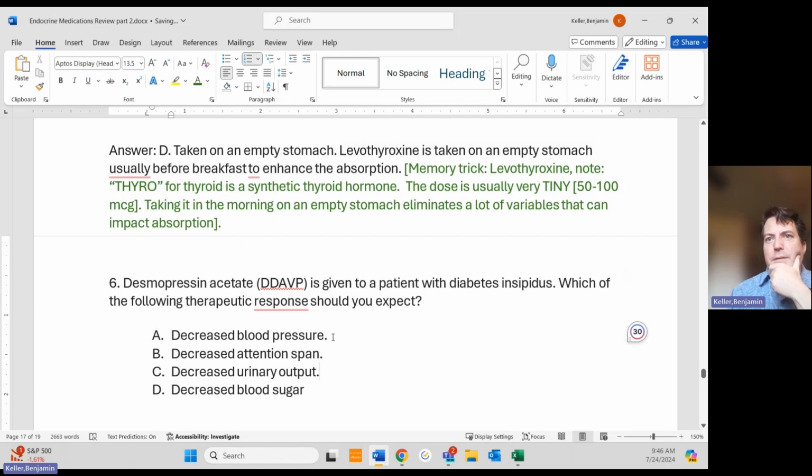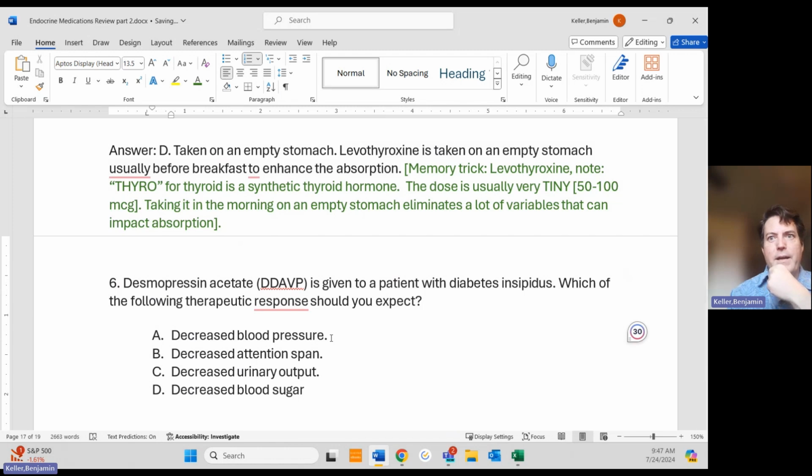Decreased blood pressure. Well, what do we know about desmopressin? It's similar to vasopressin, right? And do we give vasopressin to patients that have low blood pressure? Yeah, that's how we treat it. In the ER and the ICU, we give vasopressin. So do we want to decrease somebody's blood pressure that already has decreased blood pressure?